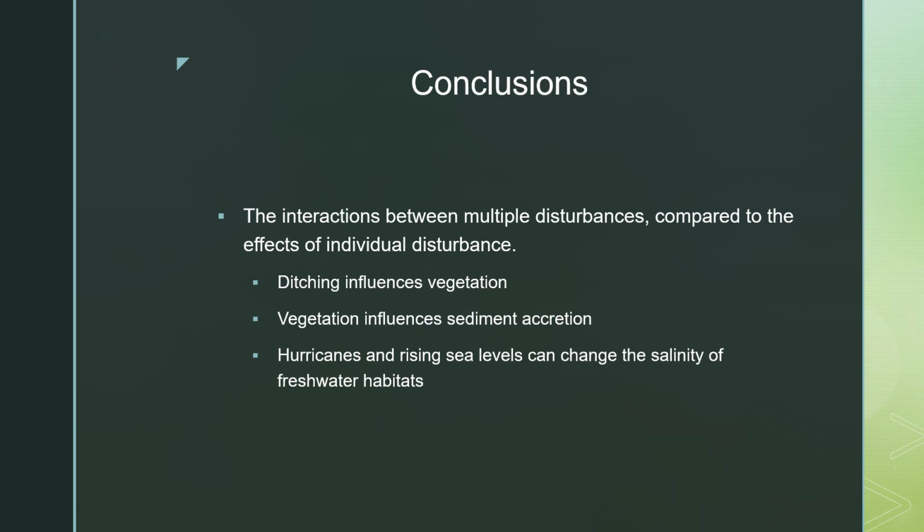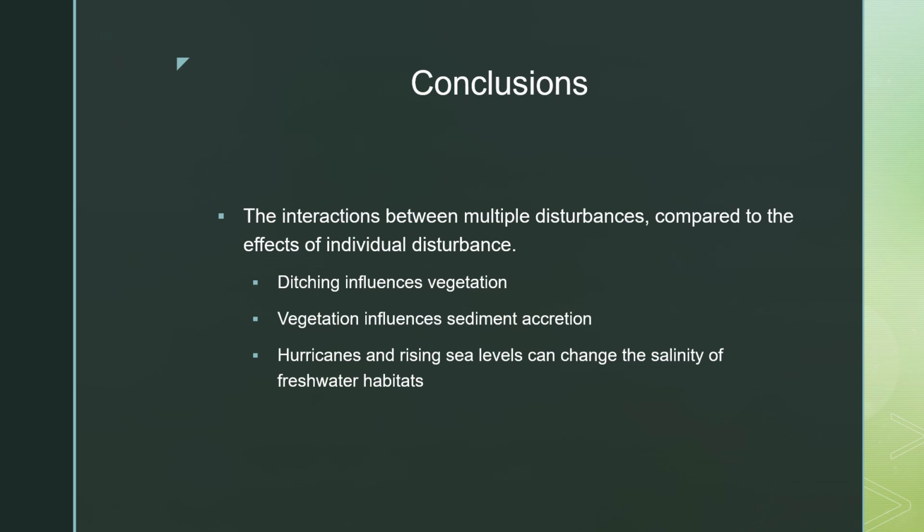So having any vegetation in an area will help stabilize the sediment and prevent erosion, and this will help counteract the effects of sea level rise. So having more vegetation in an area can help prevent it from becoming flooded as sea levels change.